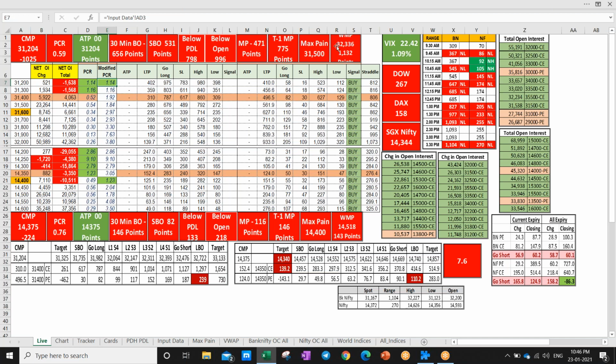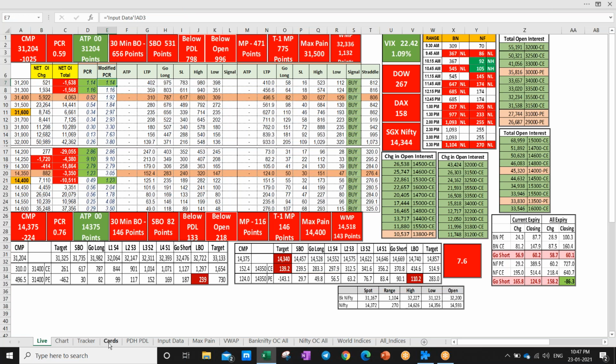Next is the weekly midpoint. As I was telling you, the midpoint, the high and low average, is calculated on a daily basis: current day, previous day, then weekly. For the weekly one you have to do it manually, because we are not storing the information here. After Friday market closing, take the highest value and lowest value of the last week from Monday to Friday, add both and divide by 2.